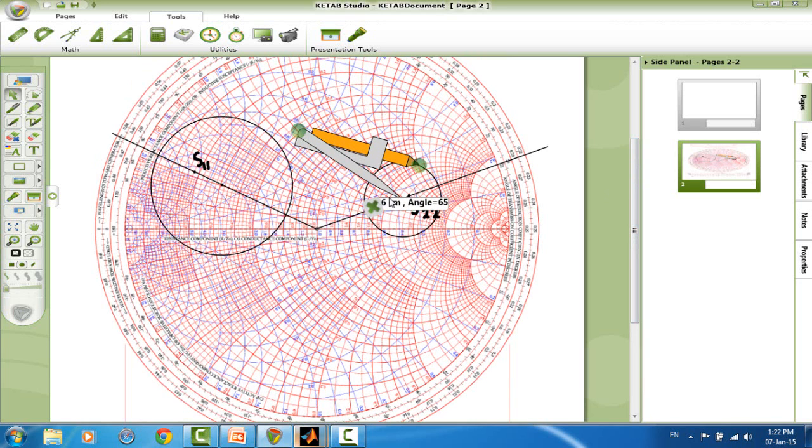This represents a 1 dB output circuit gain circle.